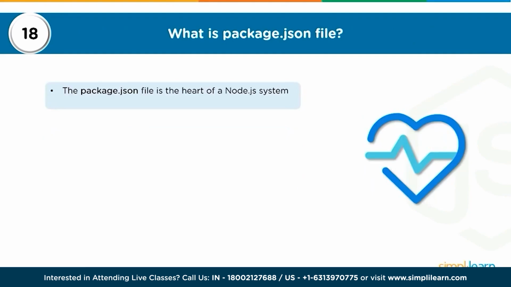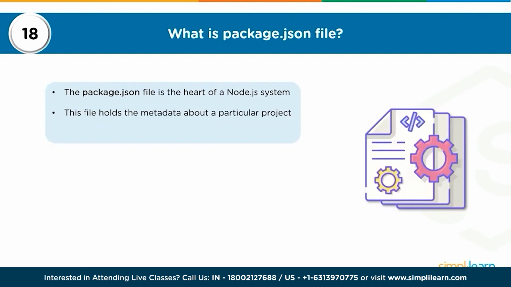So what is a package JSON file? The package JSON file is at the heart of our Node.js package when we initialize a solution folder to be a Node.js package. You'll find that the package itself holds all of the metadata that's particular to the project you're working on, such as project name, version, requirements.